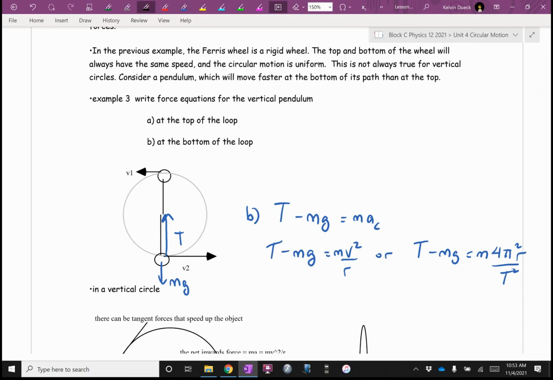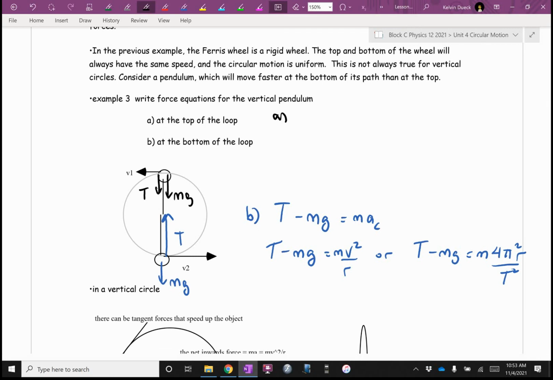What about at the top? What are the forces acting on the top? Get the obvious one. What else? Is it sitting on a surface? Is there a normal force? That's a bad guess. Sorry, but that is. What else? Tension, which way? Who's winning?